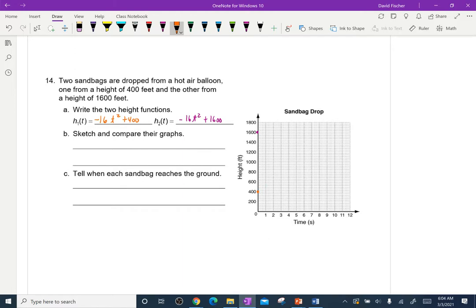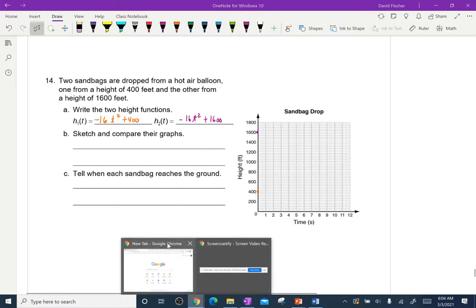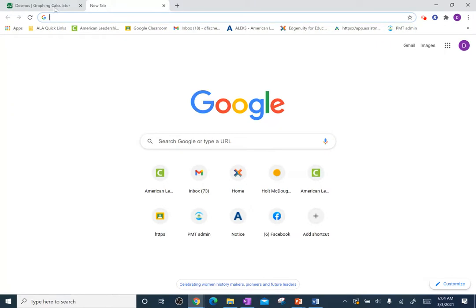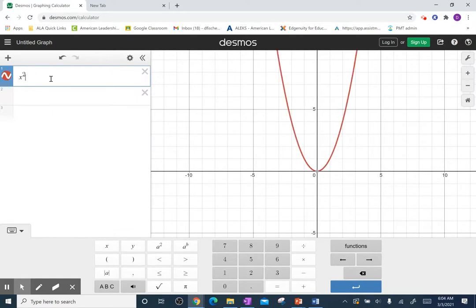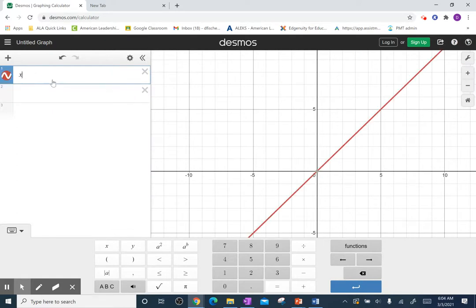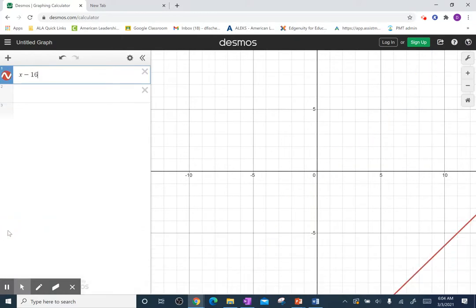Now, let's go to the graphing calculator quick and find out where these guys are going to hit. I had one in from yesterday still, so I actually want -16. I'll put x squared instead of t, no big deal.